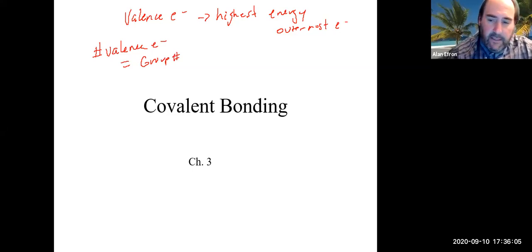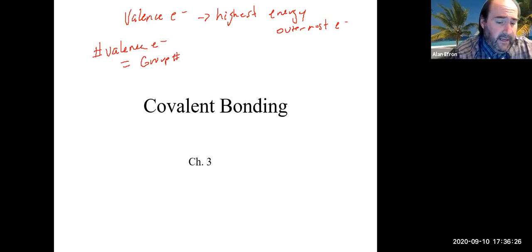Transition metals are slightly different because they are transition metals, and a little bit about what we were talking about with electron configuration, they do lose those s electrons first. So sometimes people consider them to have 2 valence electrons, but they do have those d electrons available to them.